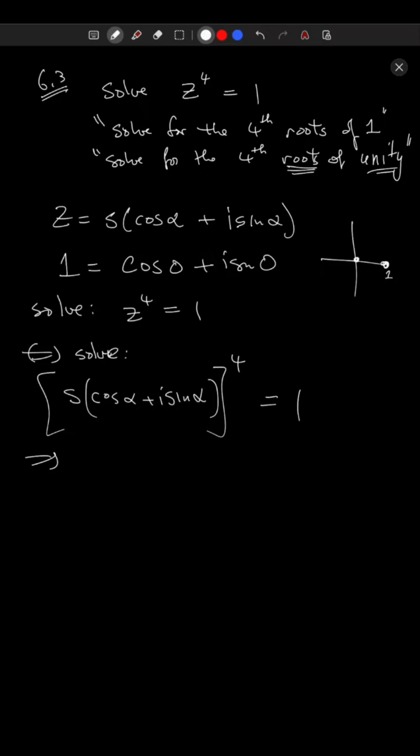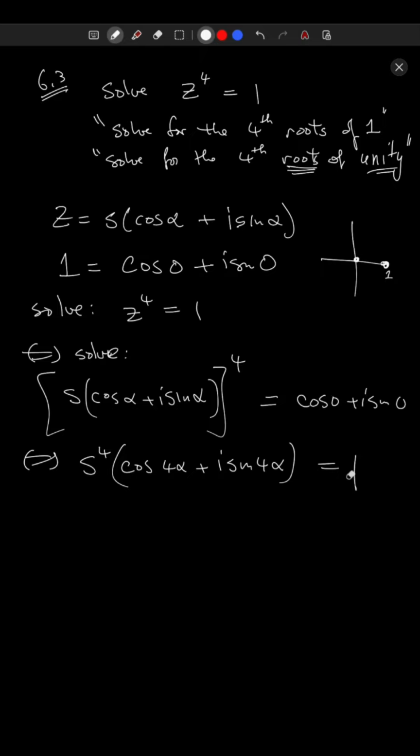But using deMoivre's theorem, this is s to the 4th cosine 4 alpha plus I sine 4 alpha equals 1. I should be writing trig form here, cos 0 plus I sine 0, just so that we can match these things easier.